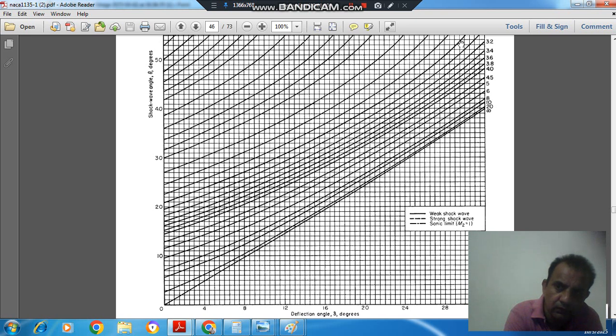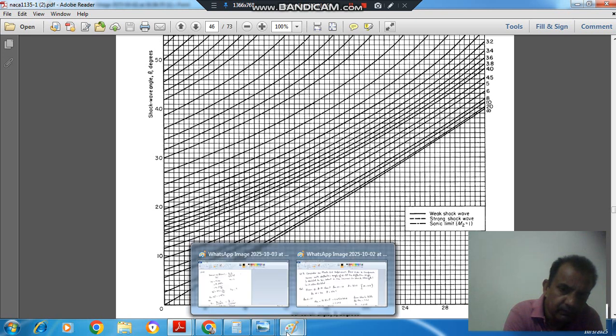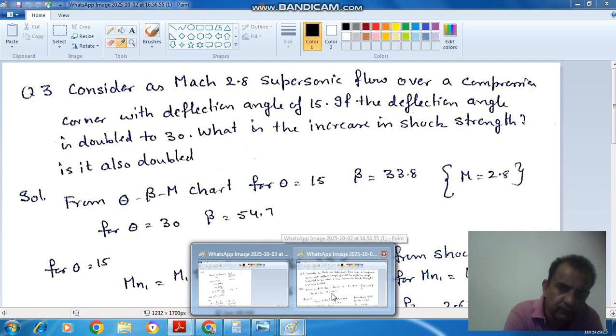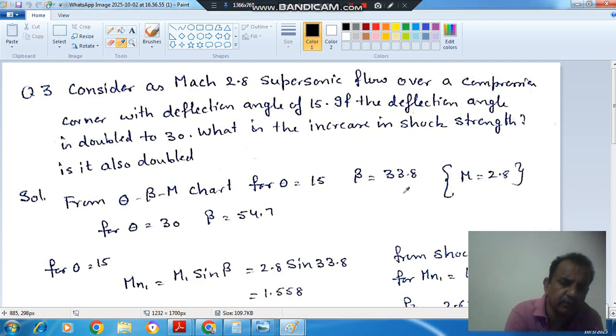So 2.8 and 15 degree will be this point, and it is giving approximately the angle 33.8 or 34. If we see it closely we can find that it is either 33 or 34, or we can calculate by using the formula.